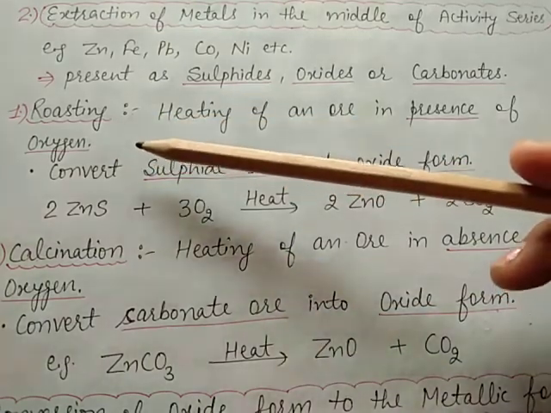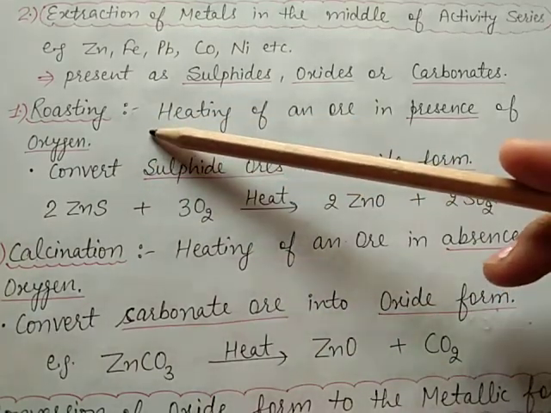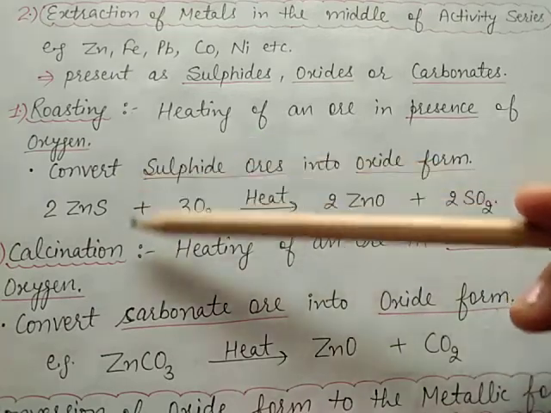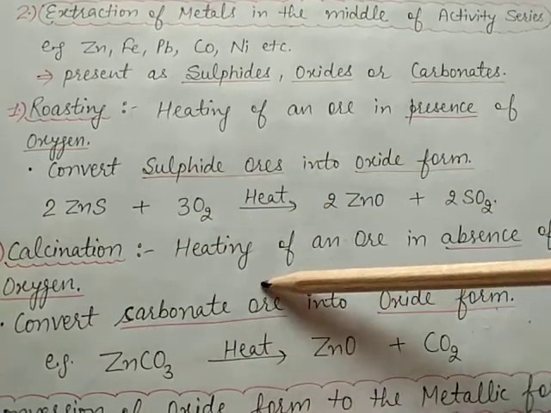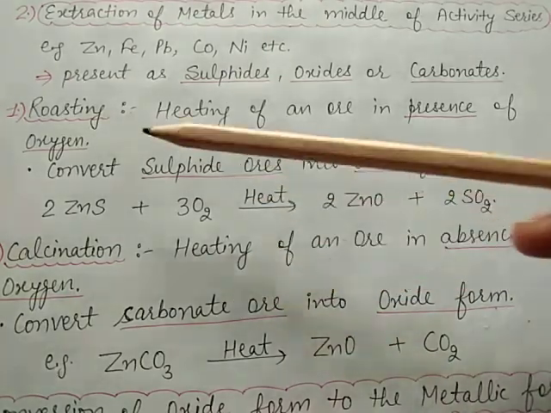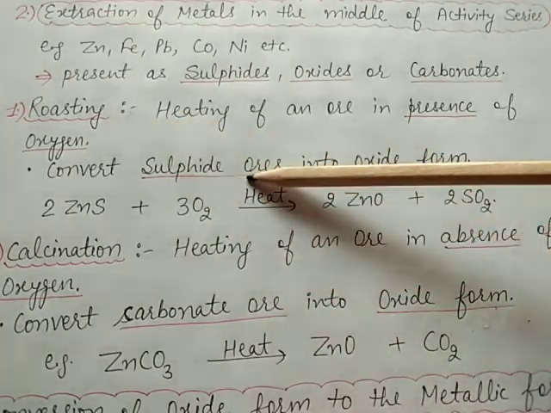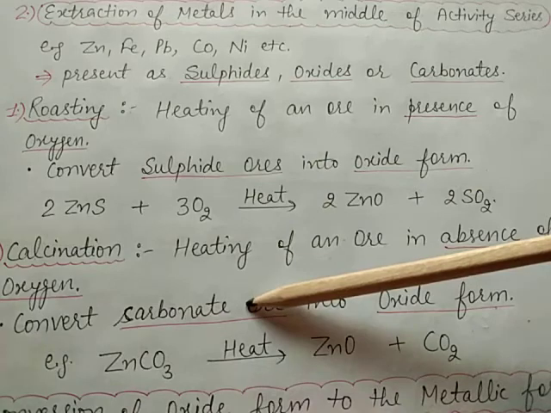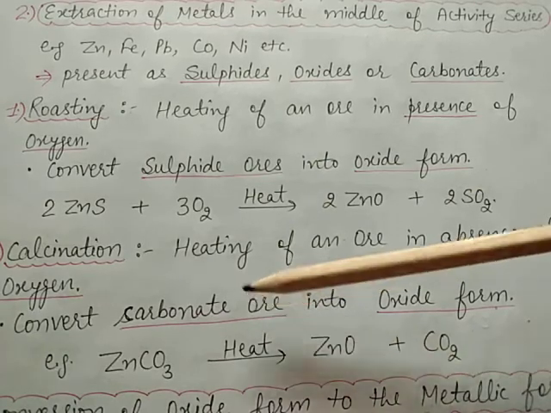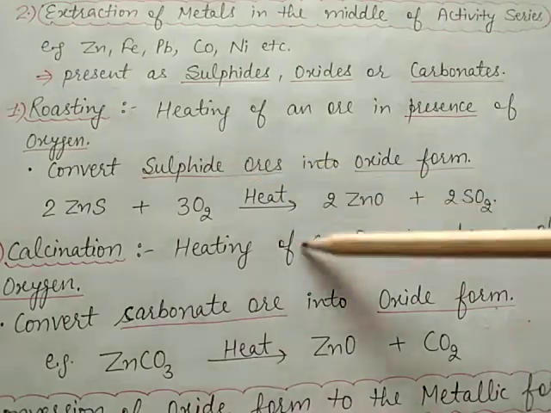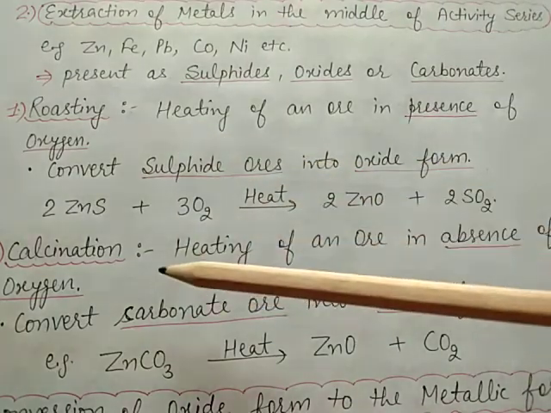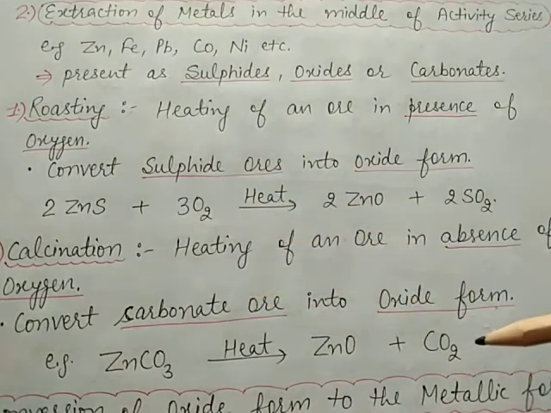In roasting, heating an ore in presence of oxygen. In calcination, heating an ore in absence of oxygen. In roasting, sulfide ores are present. In calcination, carbonate ores are present. In roasting, SO2 gas is released. In calcination, CO2 gas is released.